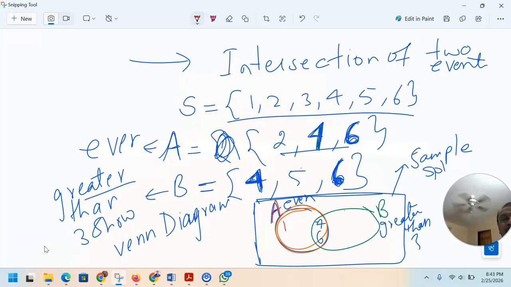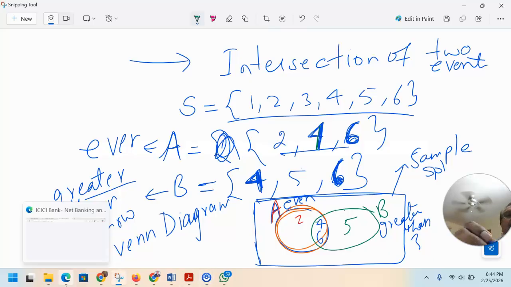Only 2. Yes, the number 2 only fits in there, and the green color will be whatever is left, 5. So clearly, the red one is the 2, the green one is the 5.